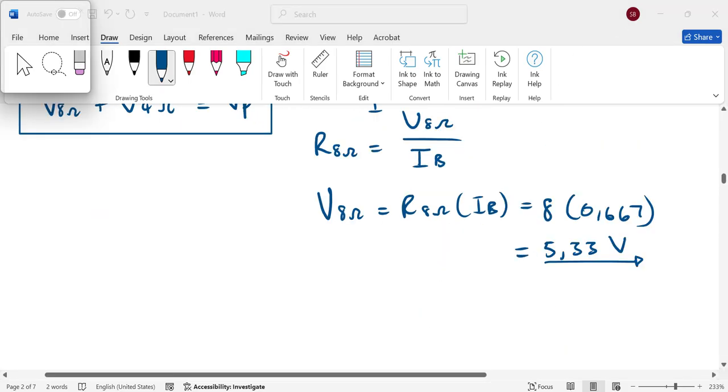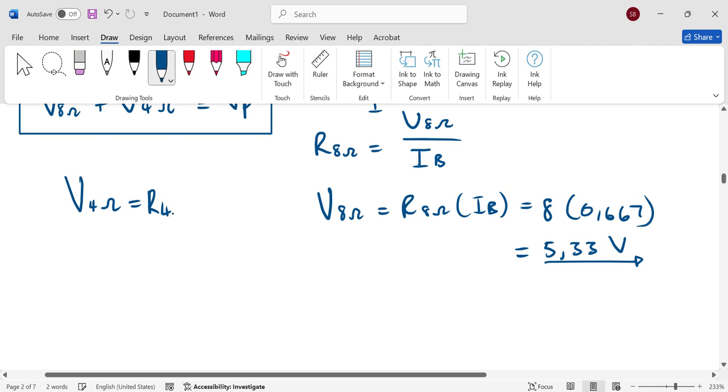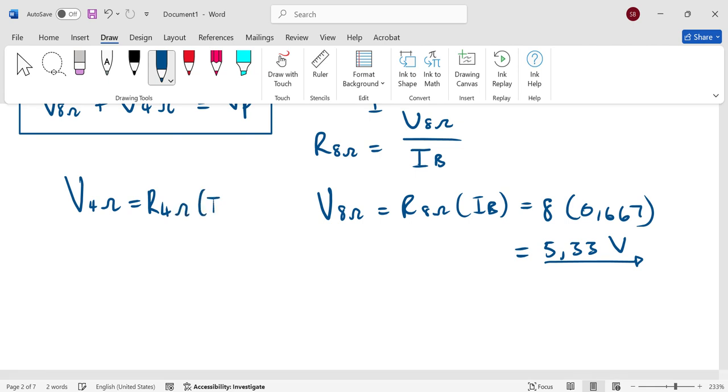Out of curiosity, if we had to determine V4 ohms, it would be equal to R4 ohms times IB, because they have the same current. That's 4 times 0.667, which gives me 2.668 volts.